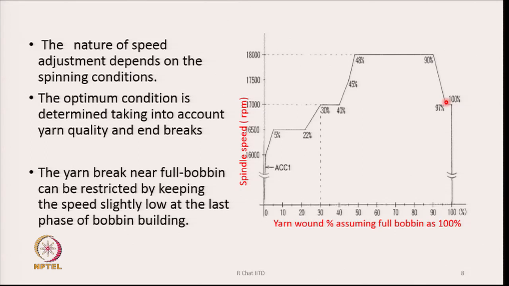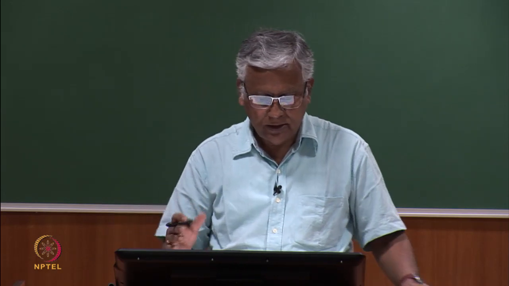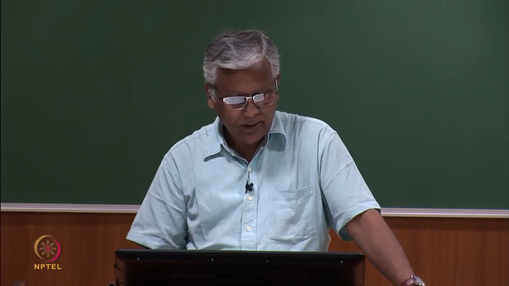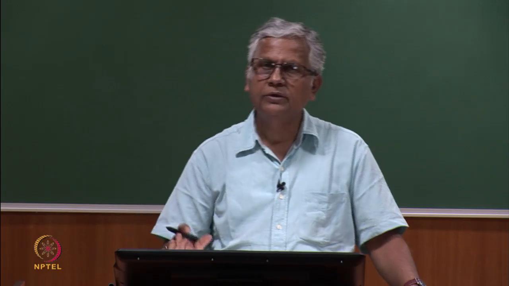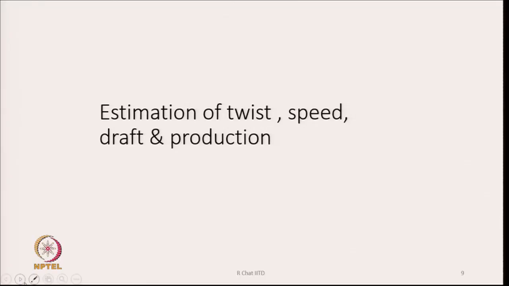Why is there a reduction in speed? Because there is a possibility of end breaks increasing in the last phase of the bobbin building, which we will discuss in a separate lecture on end breaks. So, we will discuss this point again.